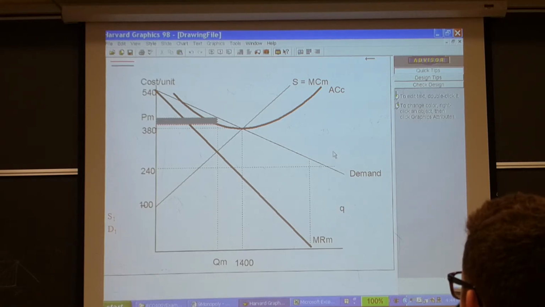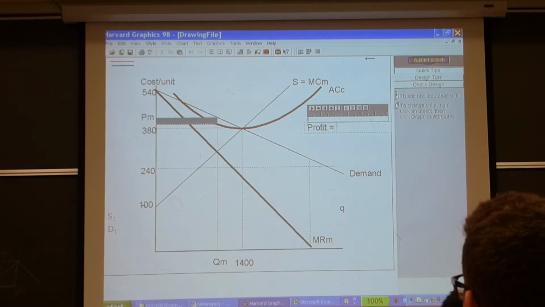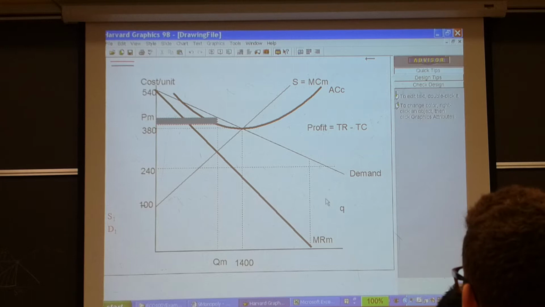So, for this reason, you'll notice that, of course, profit for any firm equals total revenue minus total cost. Now let's look at this a little bit. What happens to total cost as the monopolist produces less? Always.